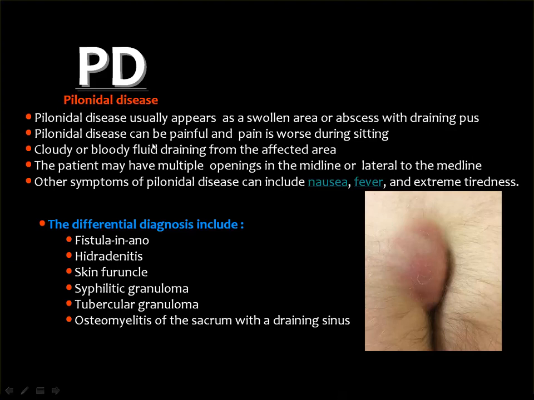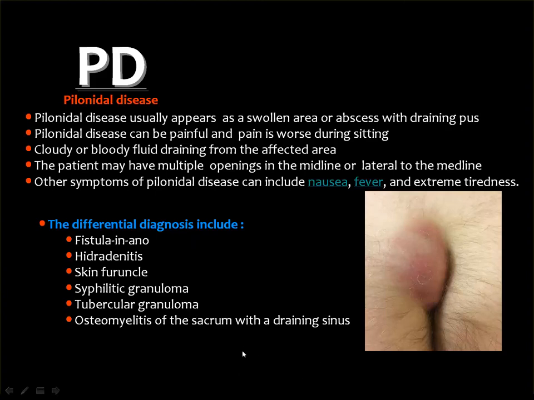Pilonidal disease is painful, and the pain is worse during sitting. The discharge may be cloudy fluid or bloody fluid from the affected or inflamed area. The patient may have multiple openings in the midline or lateral to the midline. This disease has many differential diagnoses.